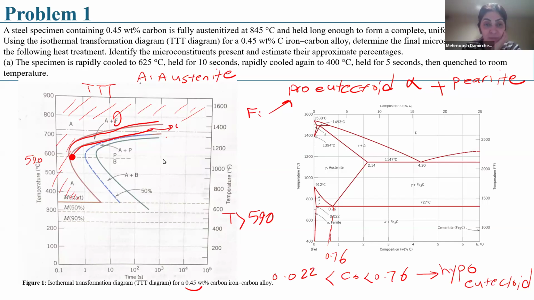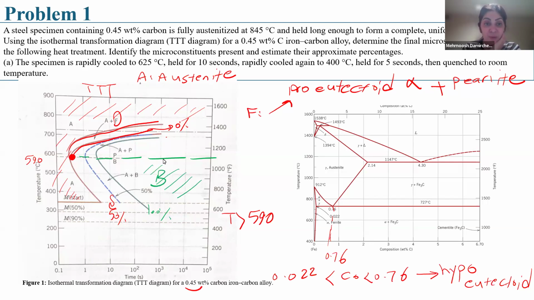What is the second line? The second line means 0% converted to pearlite. The blue line is 50%, and the green one is 100%. This dashed line is the border between pearlite and bainite. In this region we have bainite.